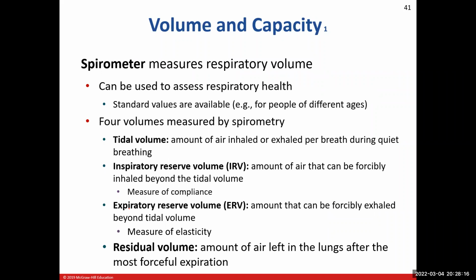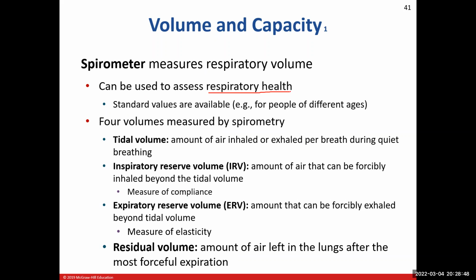We have 4 different volumes that we are going to measure using our spirometer, and it gives us a good indication of an individual's respiratory health. The 4 values that we have are tidal volume, inspiratory reserve volume, expiratory reserve volume, and then residual volume. All of these volumes are going to be measured by the spirometer.